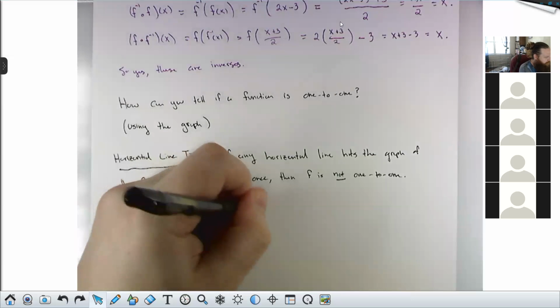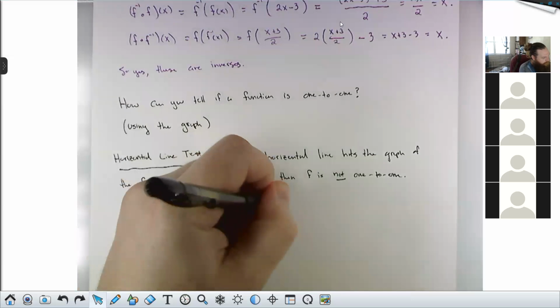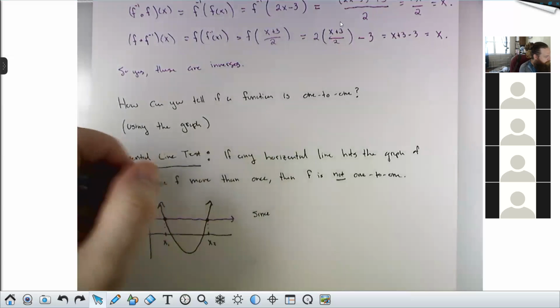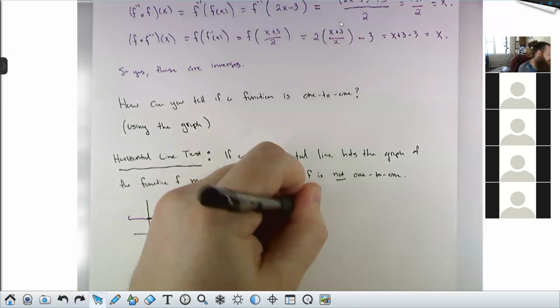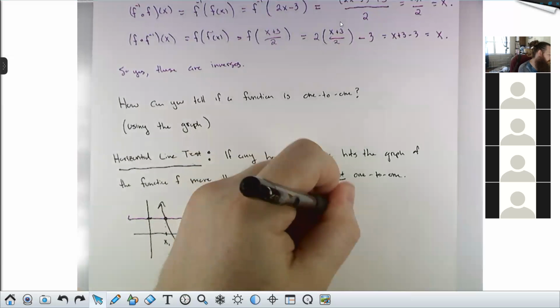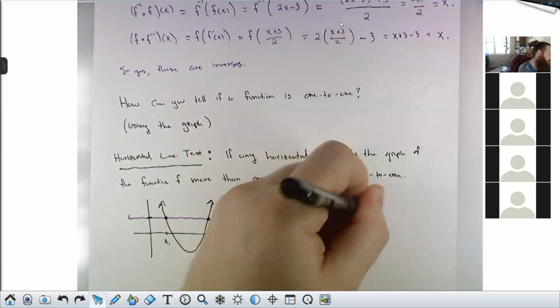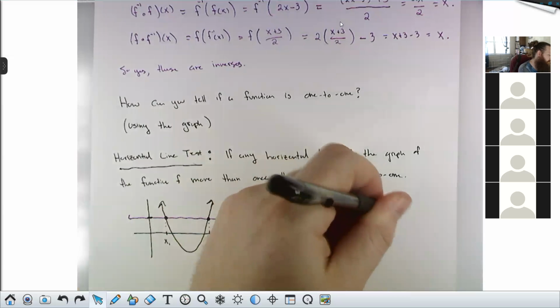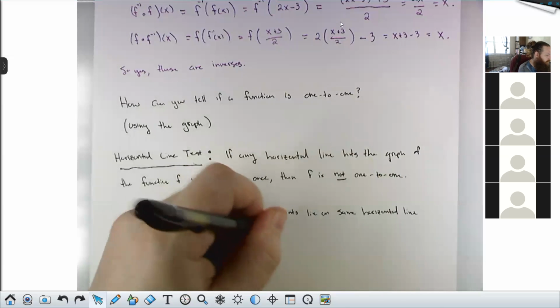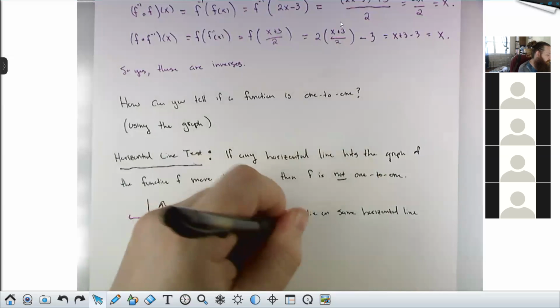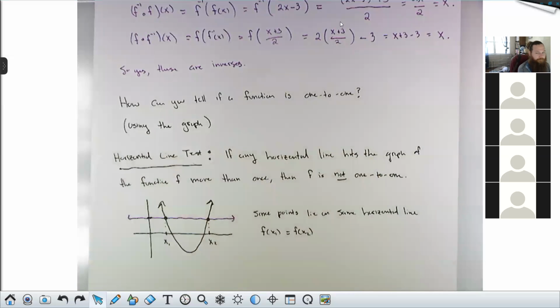So since the points lie on the same horizontal line, f of x1 is equal to f of x2.